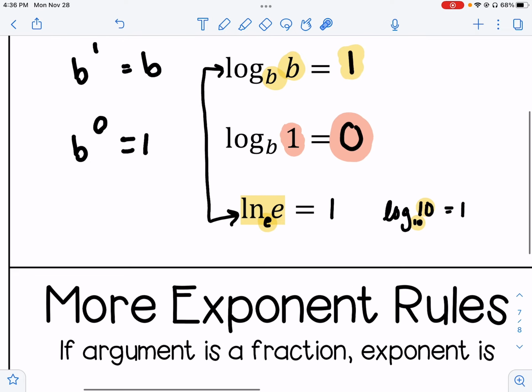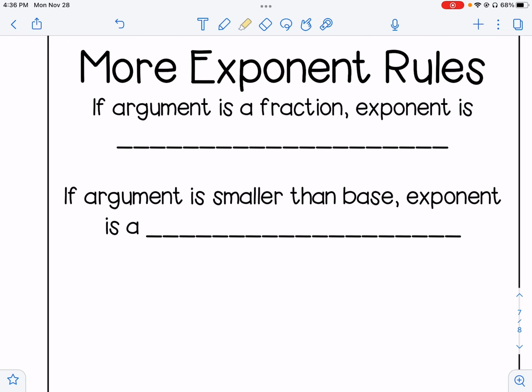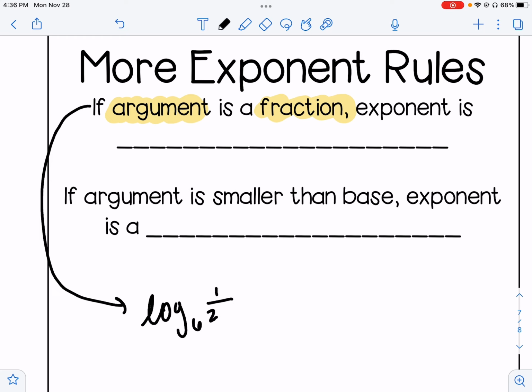With that, we can also look at some of these examples. So here it says if the argument is a fraction. So let's come up with an example of that. One that we've looked at before is the log base 6 of 1 over 216. So here, my argument is a fraction. Notice that we are making the assumption that our base is going to be a whole number.